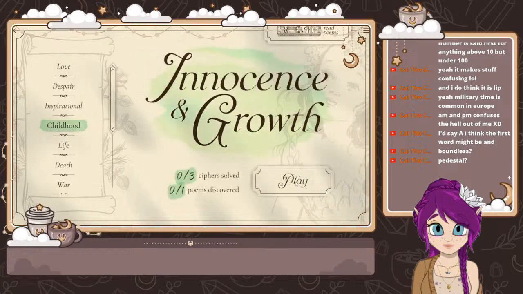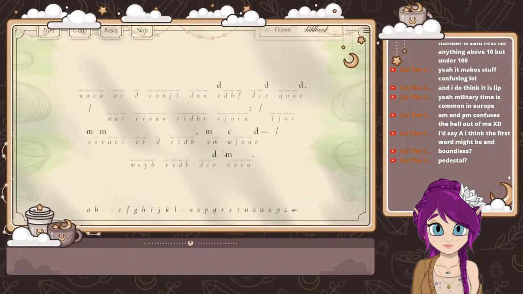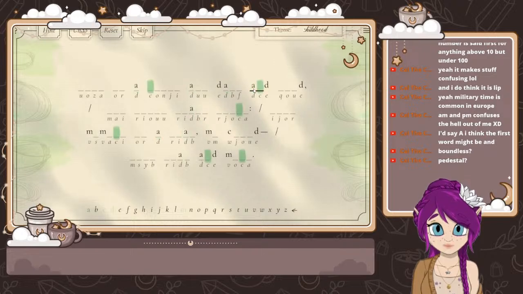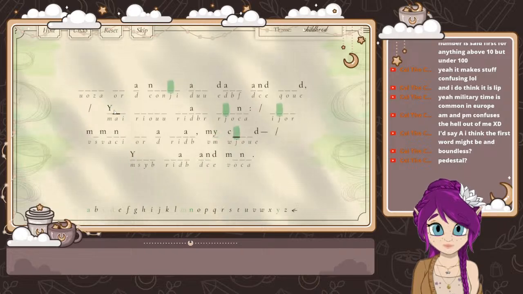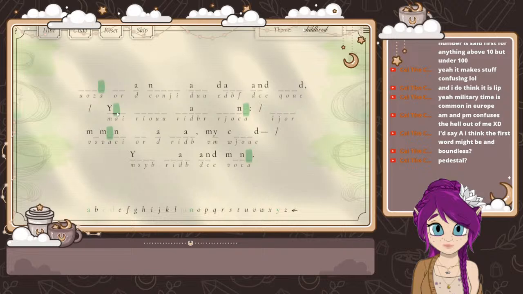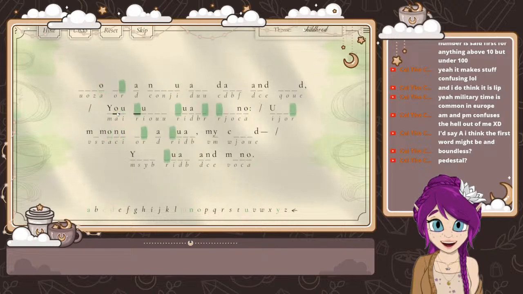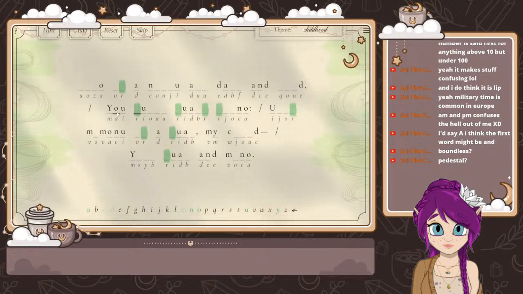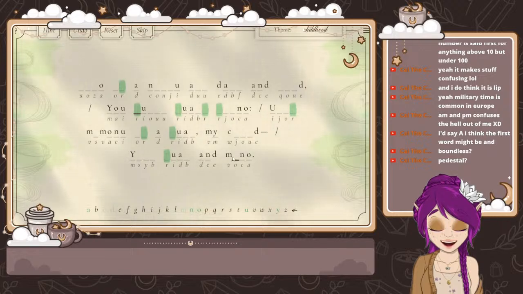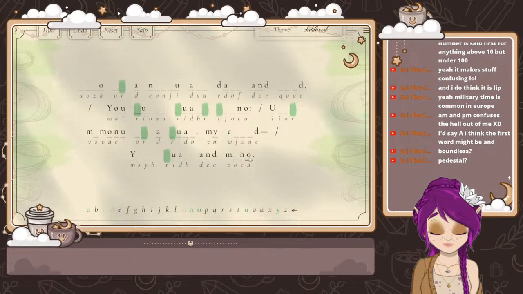Innocence and growth. Difficulty 2. I should hope so. You'd give us nothing. I'm assuming this is "and." My. You. Maybe? You? And Mino?